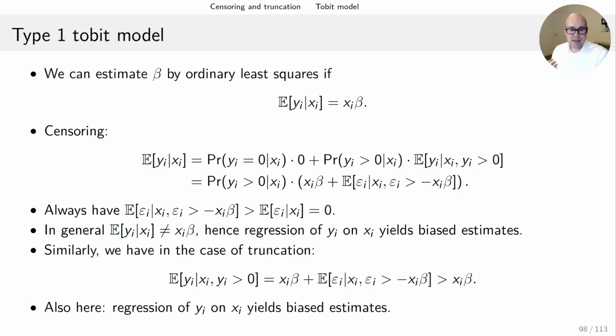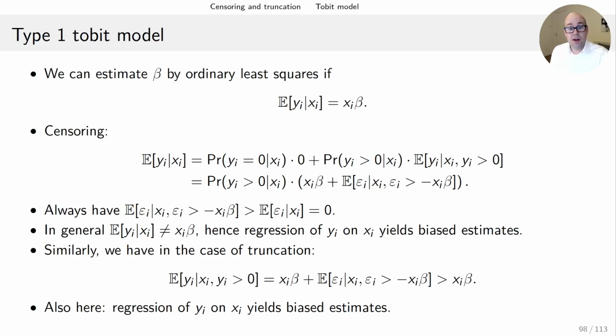Now, that's a very abstract way of reasoning. The question is, how bad is it? What you can probably already see when you look at those formulas is that the problem is probably not too big if the censoring probability is relatively small.